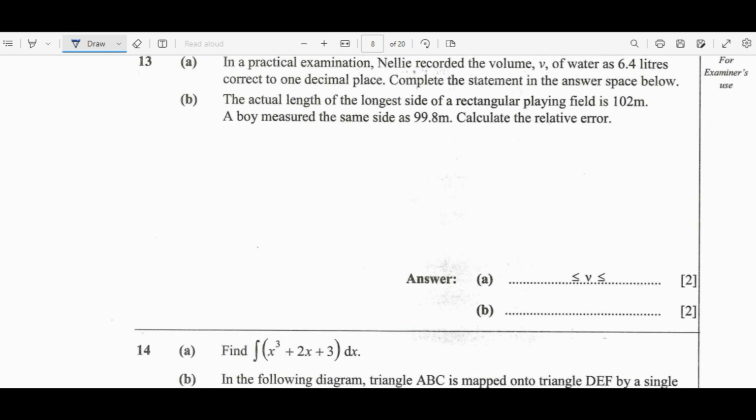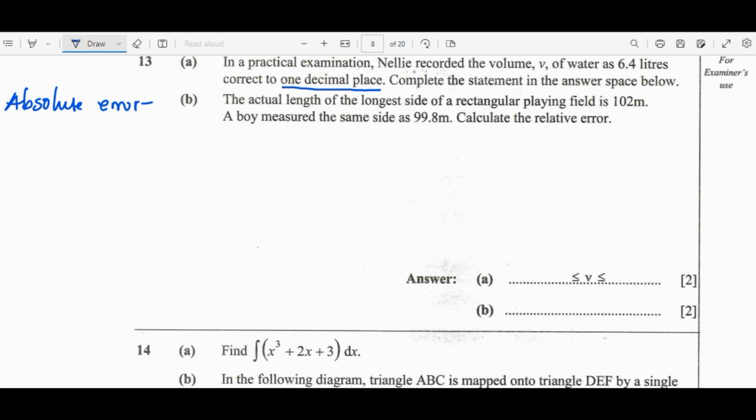Move on to question 13. In a practical examination, Nelly recorded a volume V of water as 6.4 liters, correct to 1 decimal place. Complete the statement in the answer space below. So whenever we are given a question like this one, with a number correct to 1 decimal place, we need to find the absolute error.